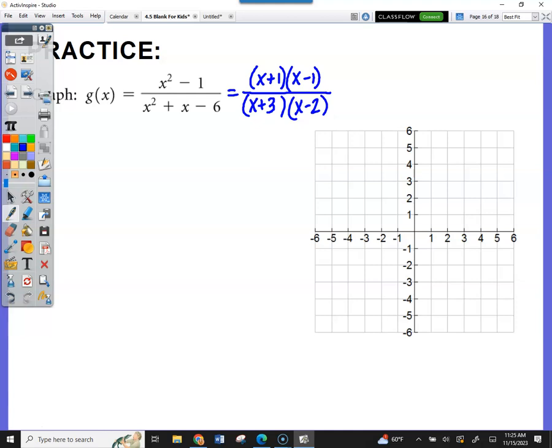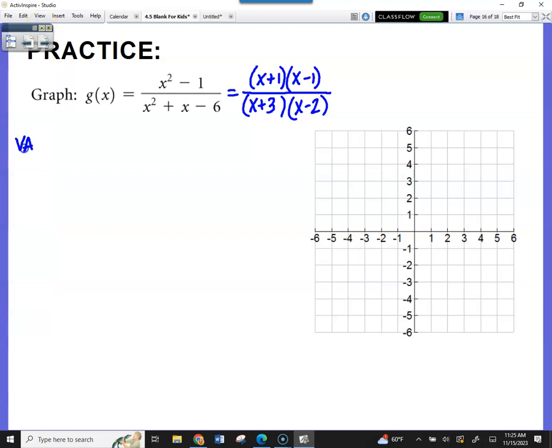Alright, are there any holes? No, no holes. Let's abbreviate what we're finding. What's the vertical asymptote? Very good. So you set the bottom equal to 0 and pull the zeros out.